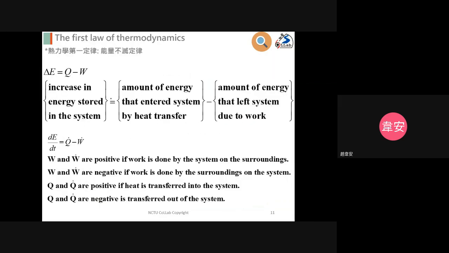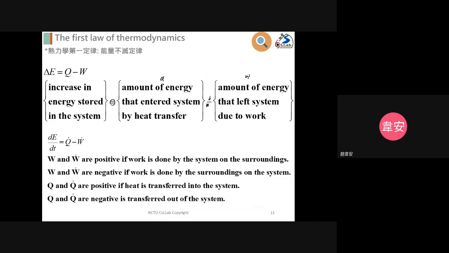So we know that delta E, the increase in energy stored in the system, is equal to the amount of energy that entered the system by heat transfer Q, and the minus, very important here, is the minus amount of energy that left the system due to work.